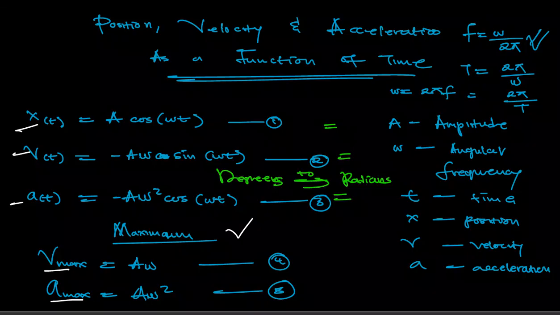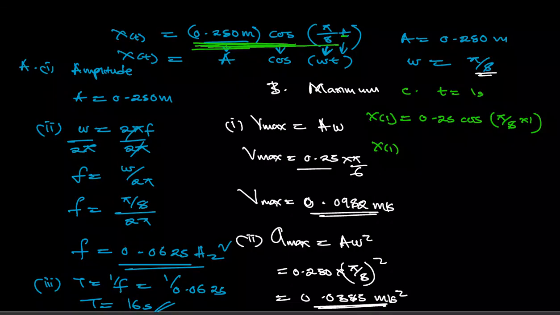So when you're using these three equations, take note of this. So 0.25 cos pi over 8, we are going to get the position, which is going to be equal to 0.231 meters.